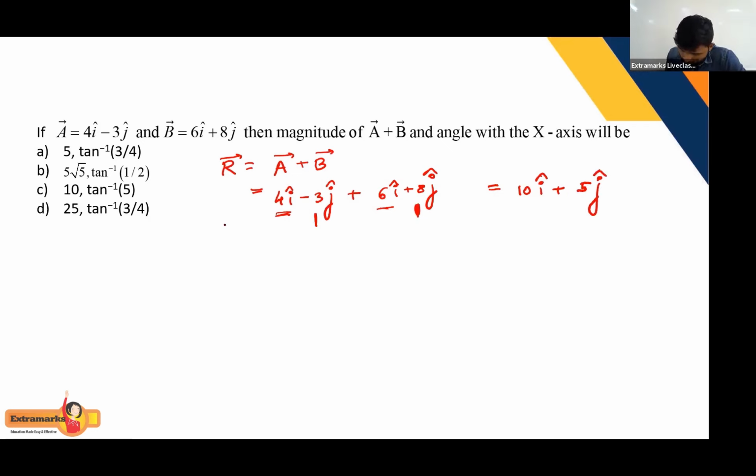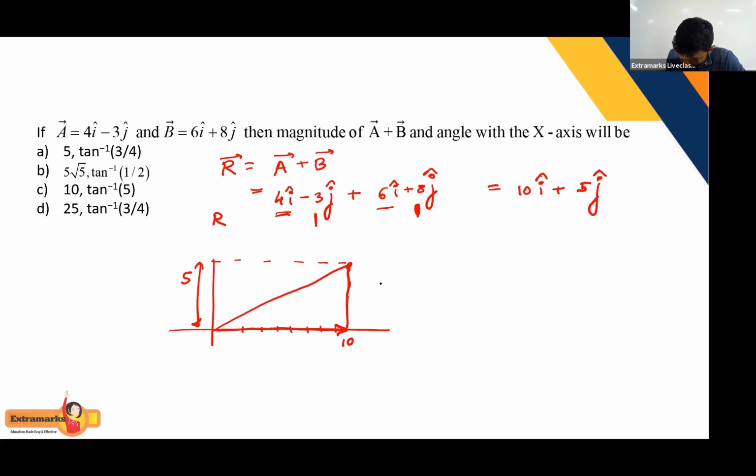This is the resultant. Now if I draw it like this, then it will be 10 units in x direction and 5 units in y direction. That's why I can write this as 10i cap plus 5j cap. Right?